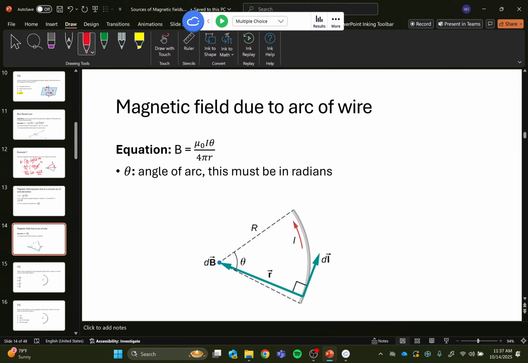Why are there 360 degrees in a circle? Because some human decided. Why are there 2 pi radians in a circle? Because if you take a string and wrap it around a circle, the ratio between the circumference and the radius is 2 pi. That's a physical rule of the universe, not decided by a human. Radians are determined by the ratio of the circumference to the radius. It's math.